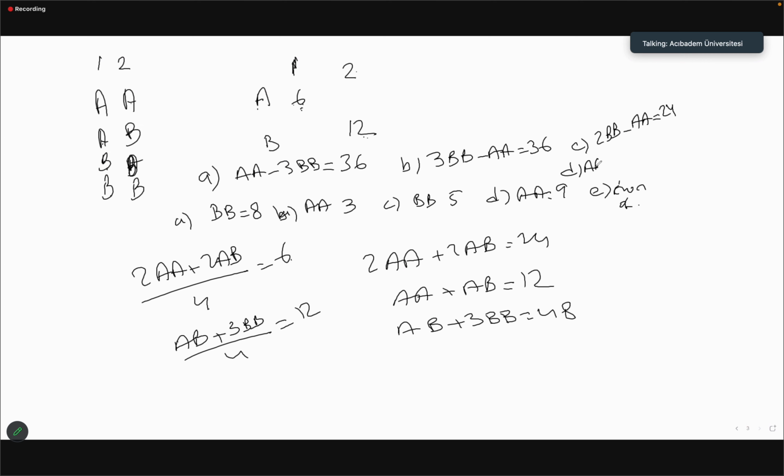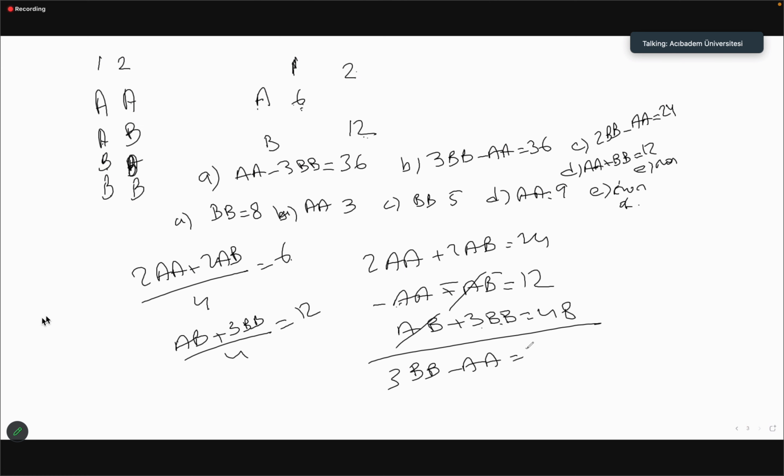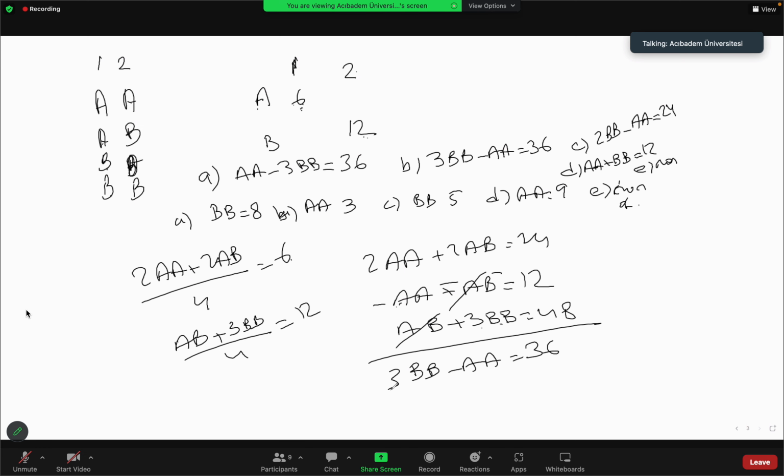D, AA plus BB is equal to 12. E, none of the others. So here, from these two pieces of information, you can subtract one from the other. The AB's cancel. You end up with 3BB minus AA equal to 36.